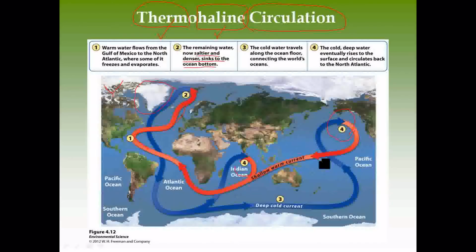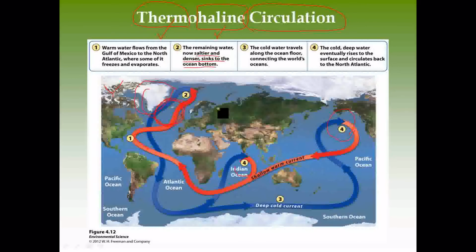Just to come back here for a minute, I wanted to make the notation that there's a real concern about what happens if these icebergs begin to melt, and we know that they are melting. That is dumping a tremendous amount of fresh water into this area of the ocean. That fresh water is going to dilute the salt content here.